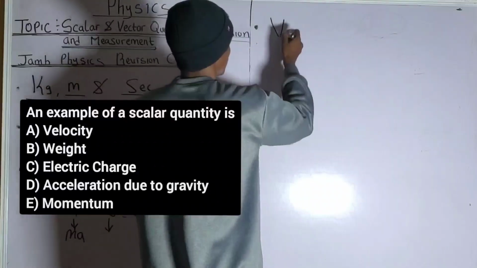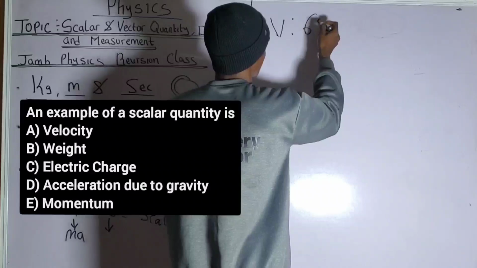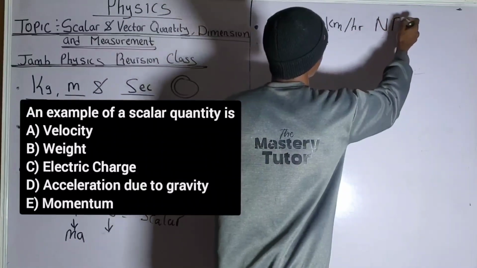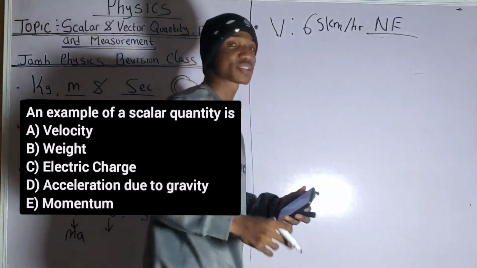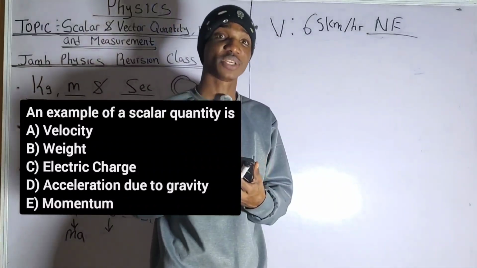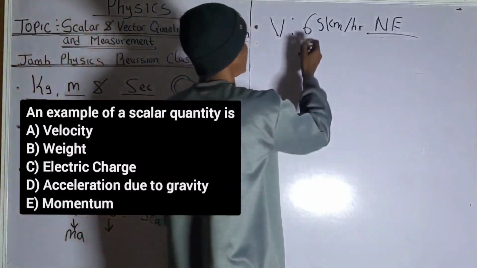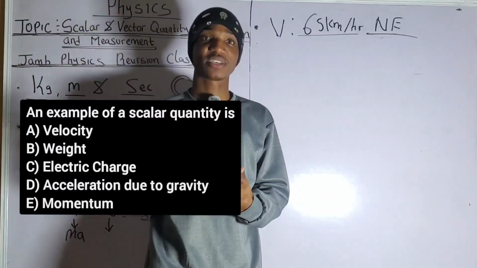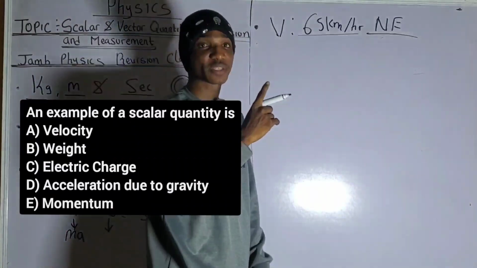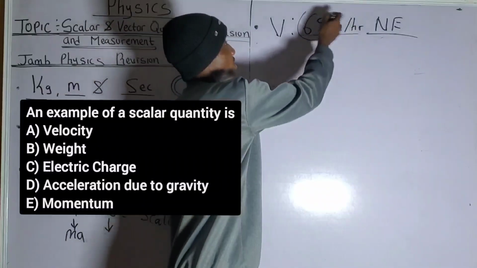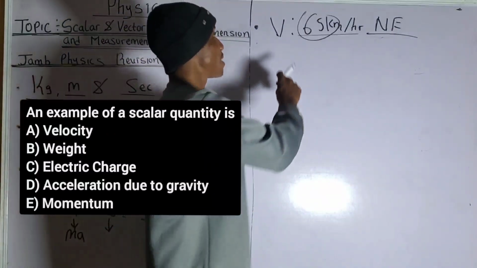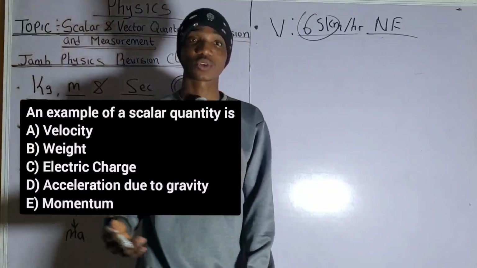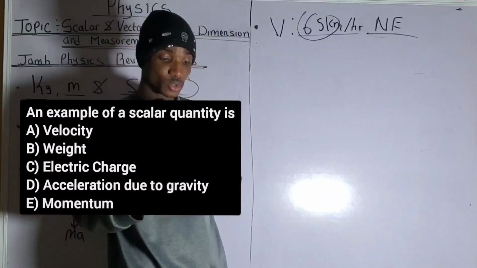Northeast is the direction in which the motorist is traveling, and the 65 km per hour is the speed, which is the magnitude. So it has magnitude and also direction. So this cannot be regarded as a scalar quantity.